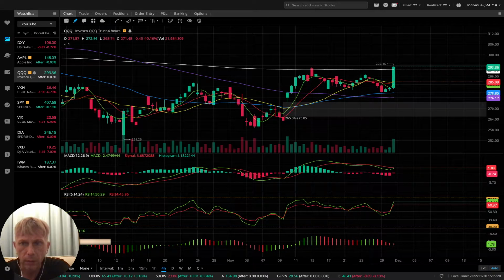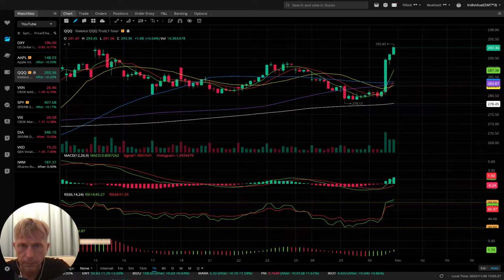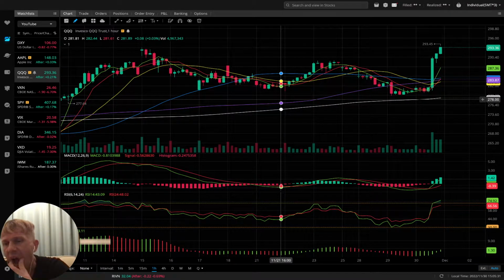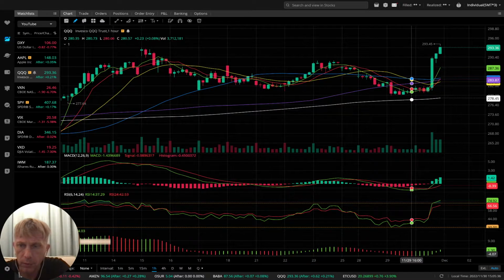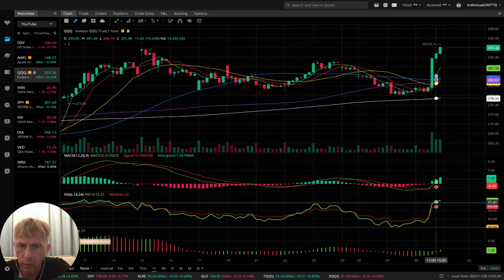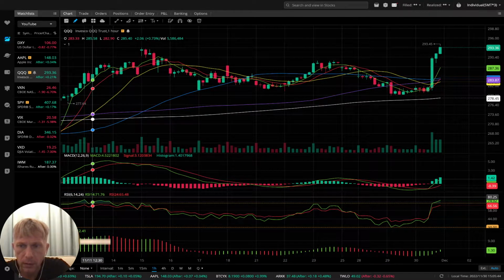Let's move to 1 hour. Definitely bullish trend. Bullish trend on all indicators. It's in the overbought zone on the RSI.